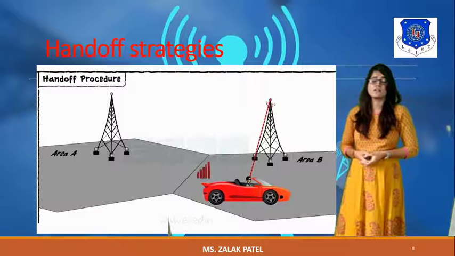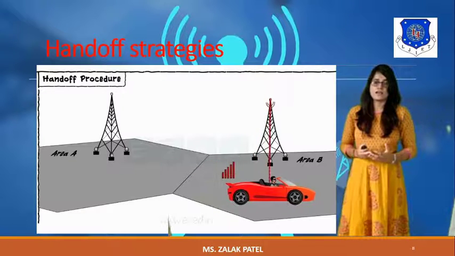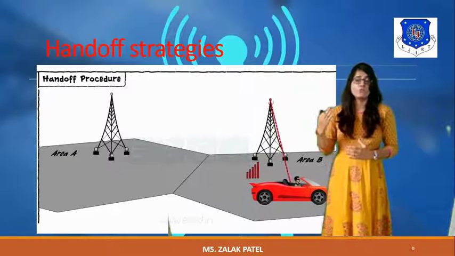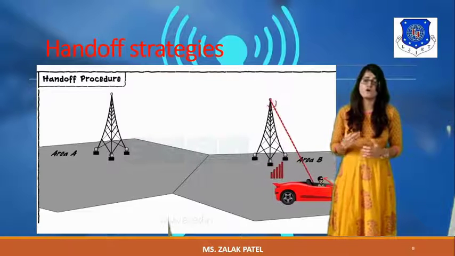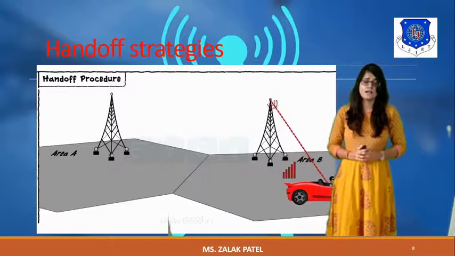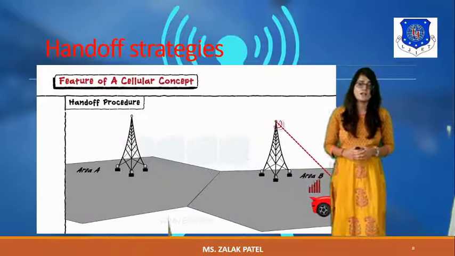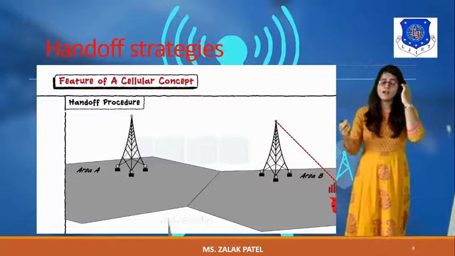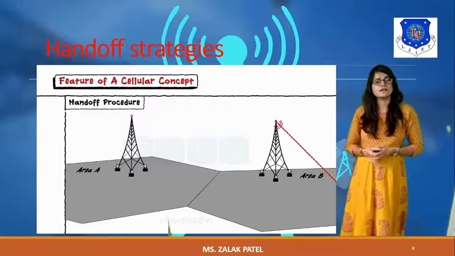So in the case of handoff strategies, it is mainly classified into a number of strategies like dwell time, mobile assisted handoff, or the umbrella cell concept. These handoff concepts are also divided into different channel assignment techniques, or we can classify them into a predetermined set, or in a dynamic set it is also possible. So let's see about it.